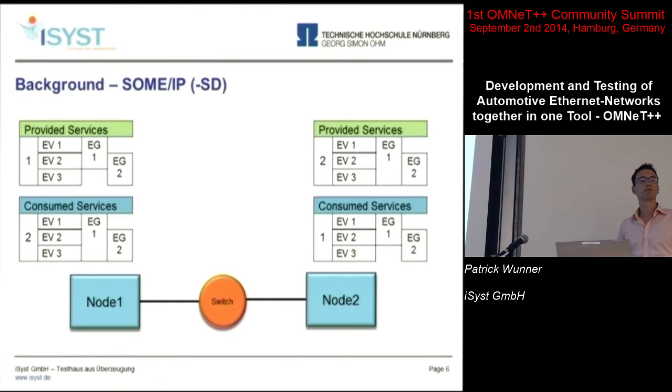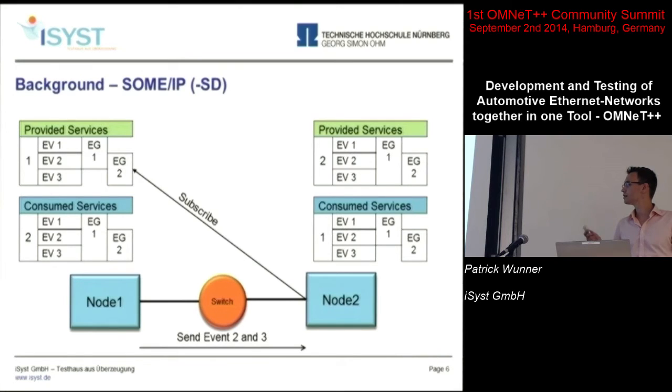That can be structs, variables, arrays, and so on. And the events are grouped by event groups. When node 2 needs service 1 that is provided by node 1, then it can subscribe to the event group, and after that node 1 sends the events that are grouped by this event group cyclically or on change.